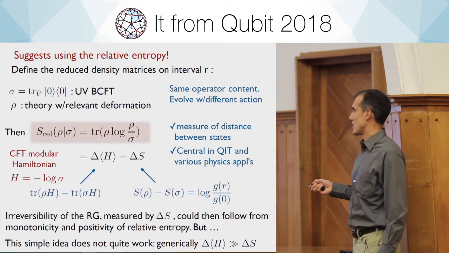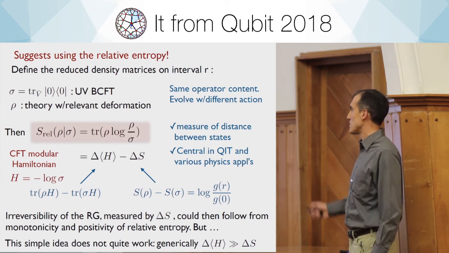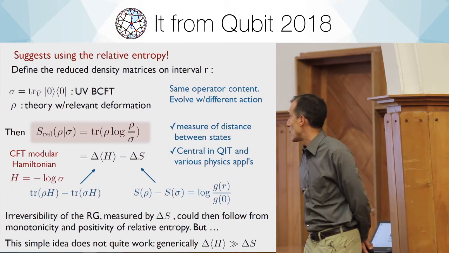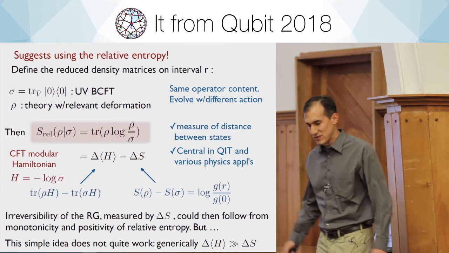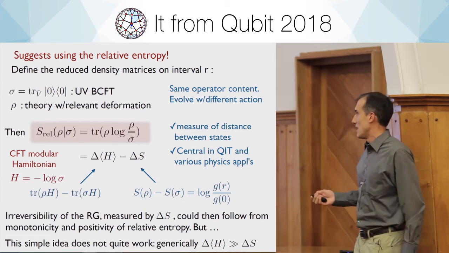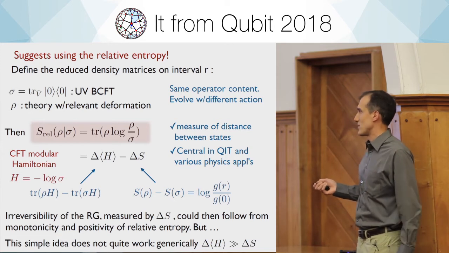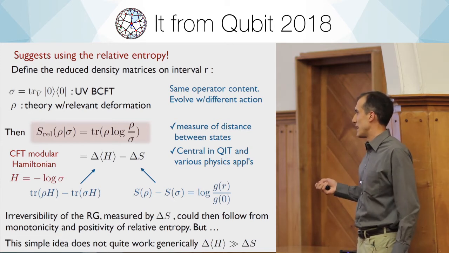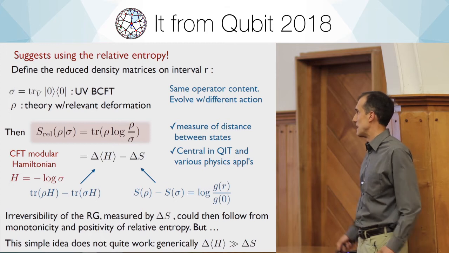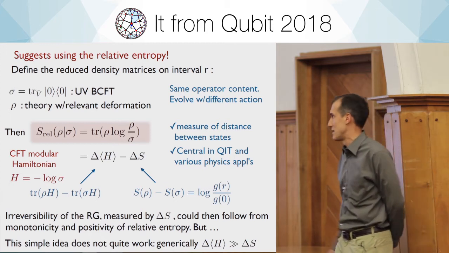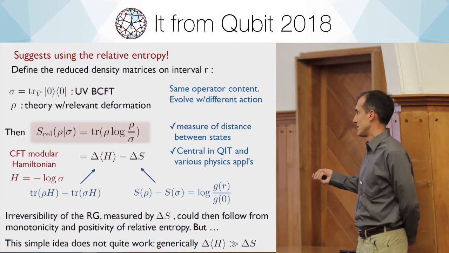So it's essentially rho log rho minus rho log sigma. Now, this is a very important quantity in quantum information theory because it's related to many other quantities. It's essentially a measure of the distance between states. And recently, it has also had many interesting applications in physics that I'm not citing here, but I did want to mention that.